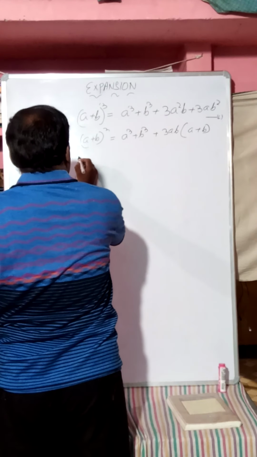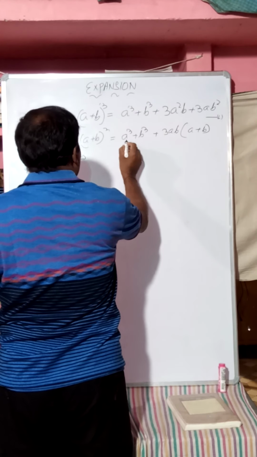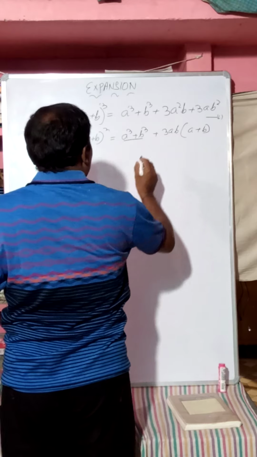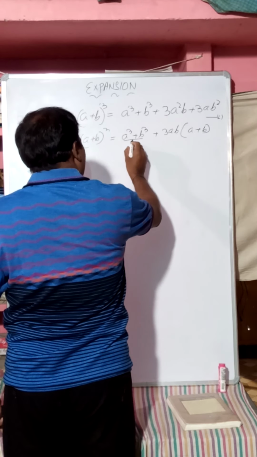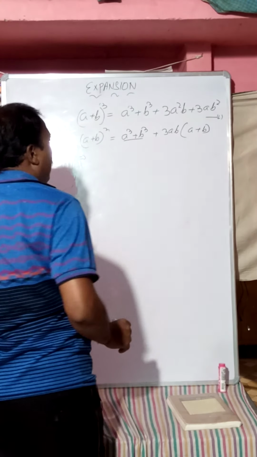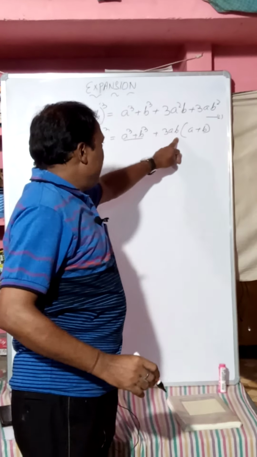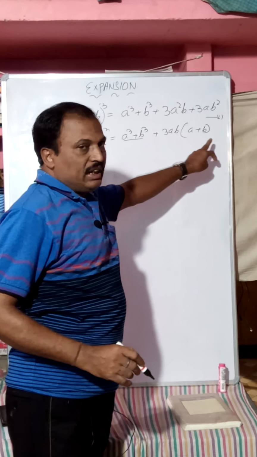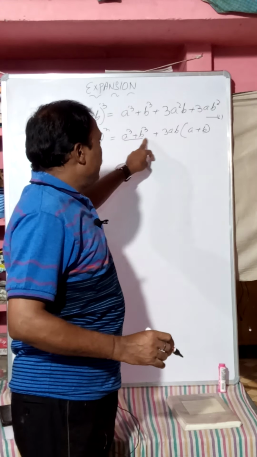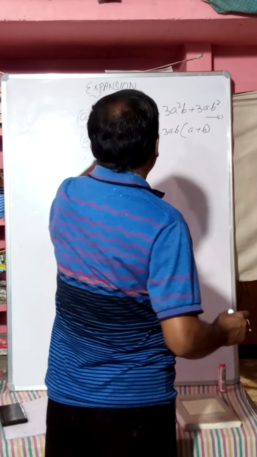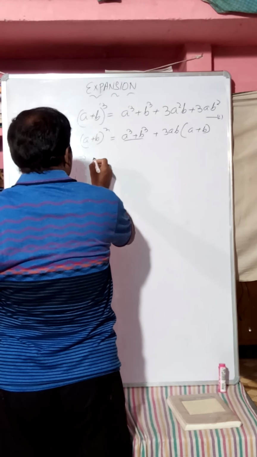This implies that a cube plus b cube, let it be on the right side, and this is another term. This expression has 3 terms: first term, second term and third term. The third term goes to the left side.